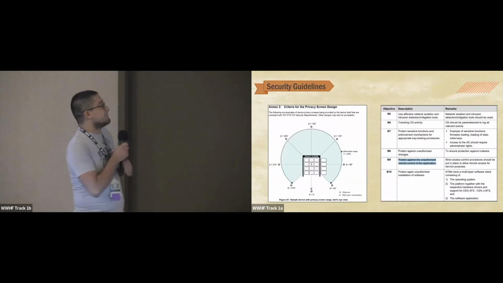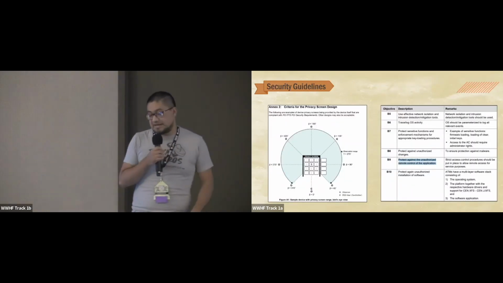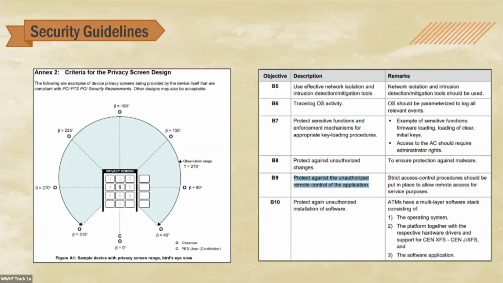For example, this is the security guidelines from PCI, where the security guidelines right now say, hey, you have to place the EPP, the encrypting PIN pad, this way, so somebody can't come and see how you are writing the PIN. Okay, for me this is not a security guideline.